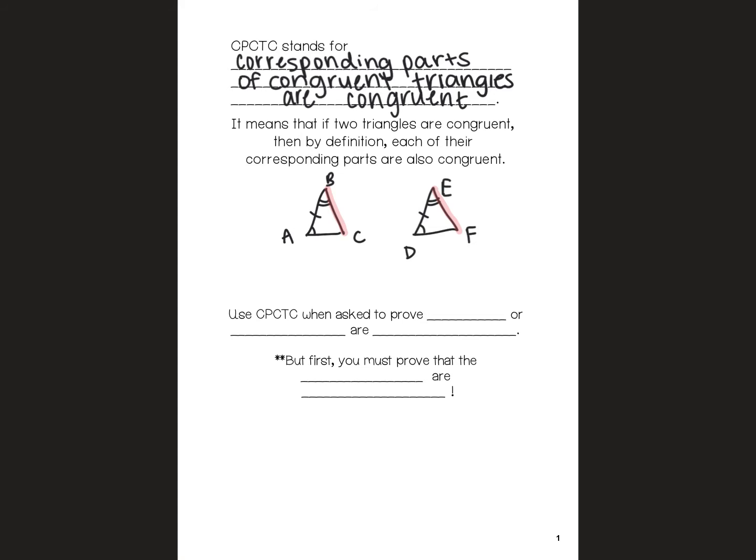You're going to use CPCTC when you're asked to prove that sides or angles are congruent. But before you can use CPCTC, you always have to prove that the triangles are congruent first.